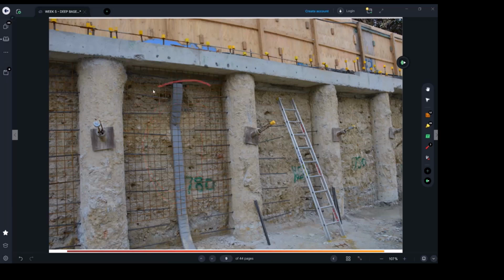Then after this, we're gonna think about building this wall. To build this wall, we have 3 main steps to do. First, you put those, we call them starter bars, to the side. Starter bars, you're gonna see them on the engineering drawings. How they place them, they just drill maybe 250 or 300 into the pile.